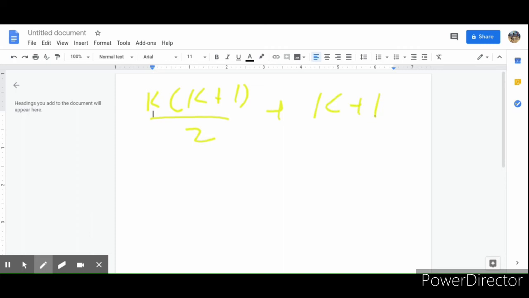But now we need to simplify this. We need to add, but in order to add, we need the same denominator. So we need to give k plus 1 a denominator of 2. We also have to multiply the top by 2 in order to keep the values constant. Now we can simplify: we have k times k plus 1 plus 2 times k plus 1, over 2.